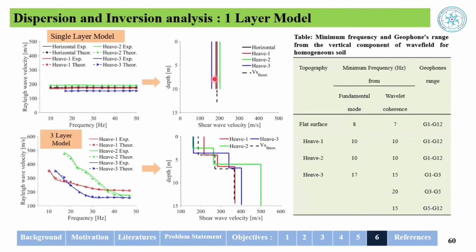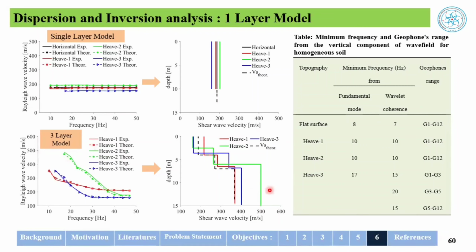The outcome of the single layer model gives a criterion for the conditions where we need to adopt the overestimation or underestimation. In the 3-layer soil model, we obtained these variations. It reveals that at shallow depth we need to include less correction in the Vs, and at higher depth the correction will be high.